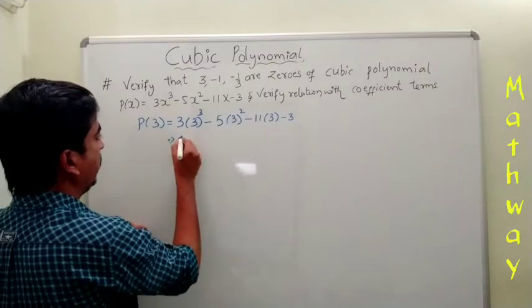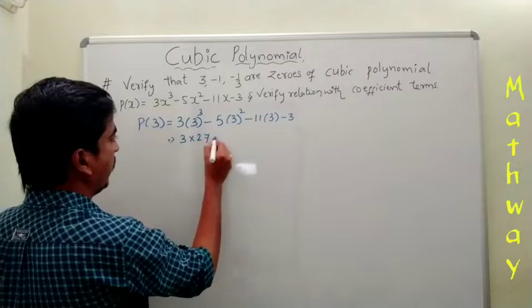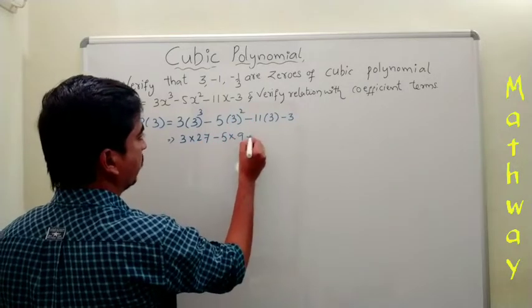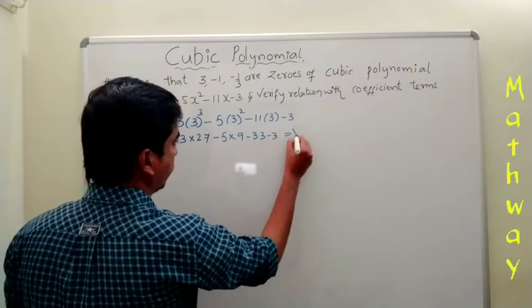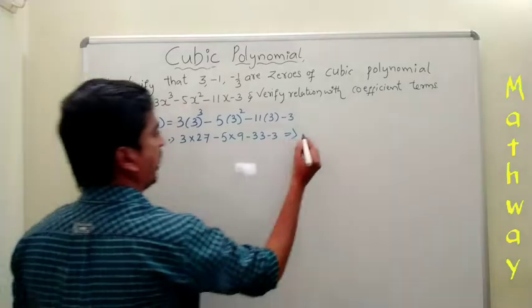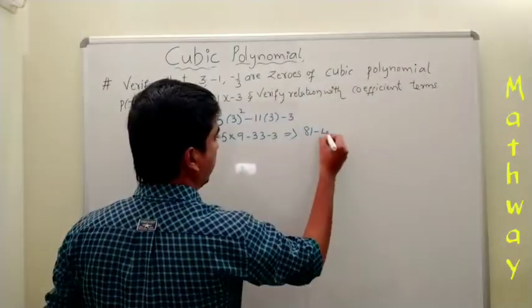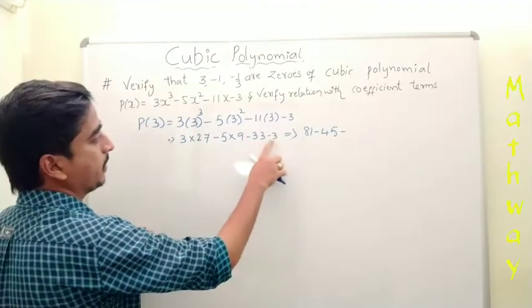So here 3 cube is 27. 3 into 27 minus 5 into 3 square, which is 9, minus 11 into 3, which is 33, minus 3. 3 times 27 is 81. 5 times 9 is 45. So 81 minus 45 minus 33 minus 3.